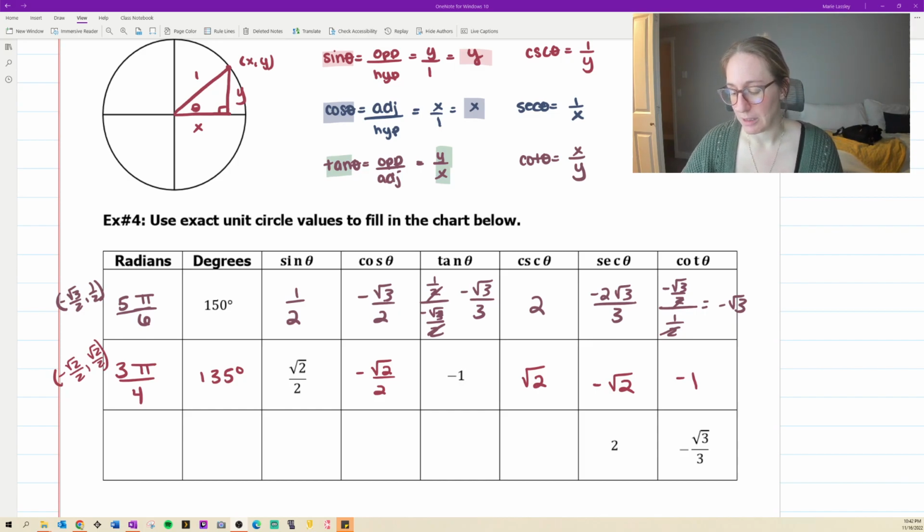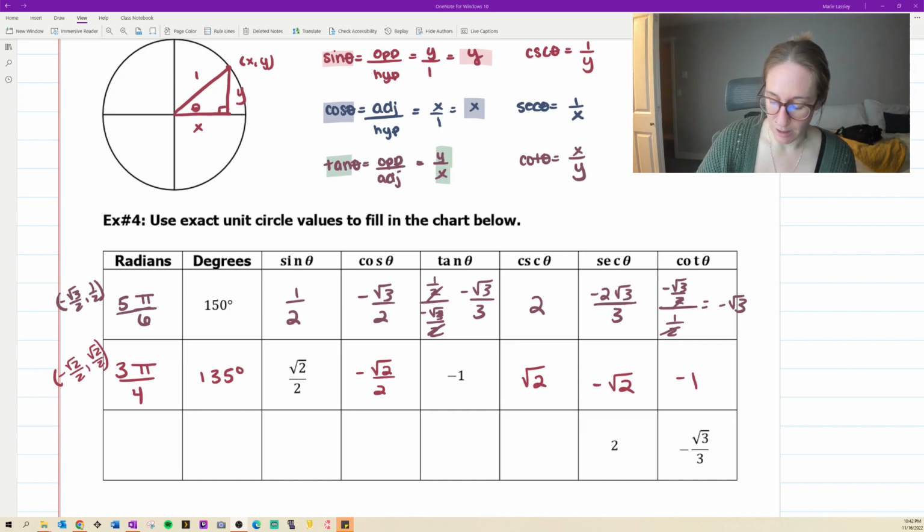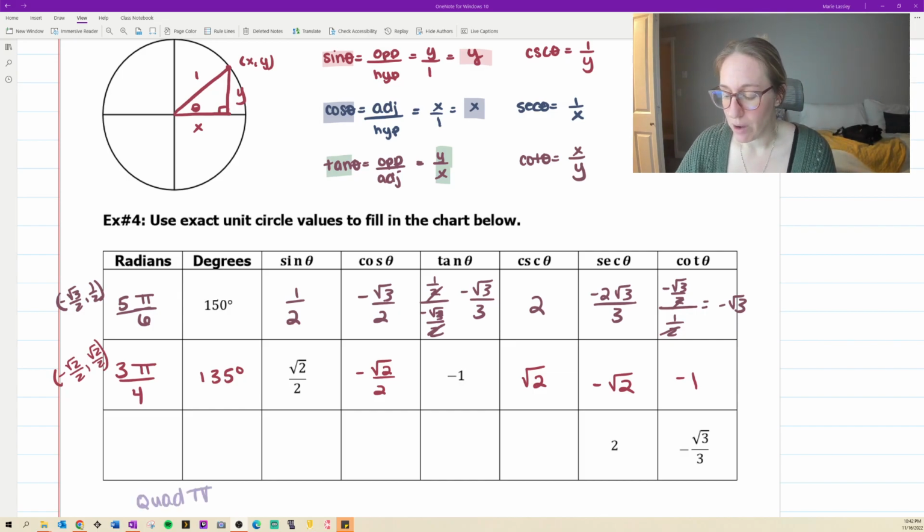All right, last but not least, I'm given secant is positive 2, cotangent is negative. So if secant is positive and cotangent is negative, that means I have to be in quadrant 4. All right, so I am in Q4 for this one. Now I have a secant value of 2.